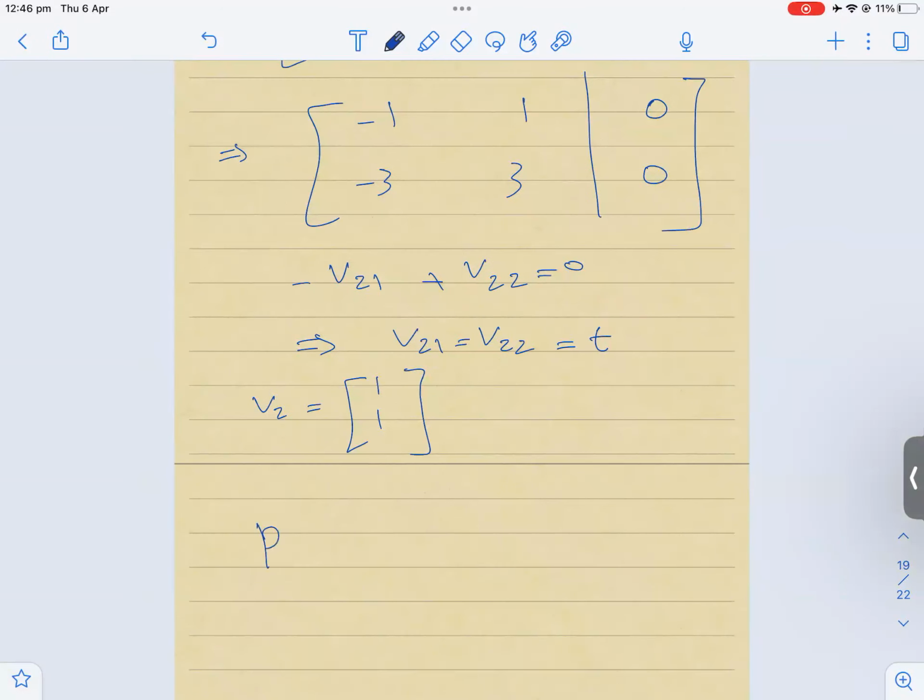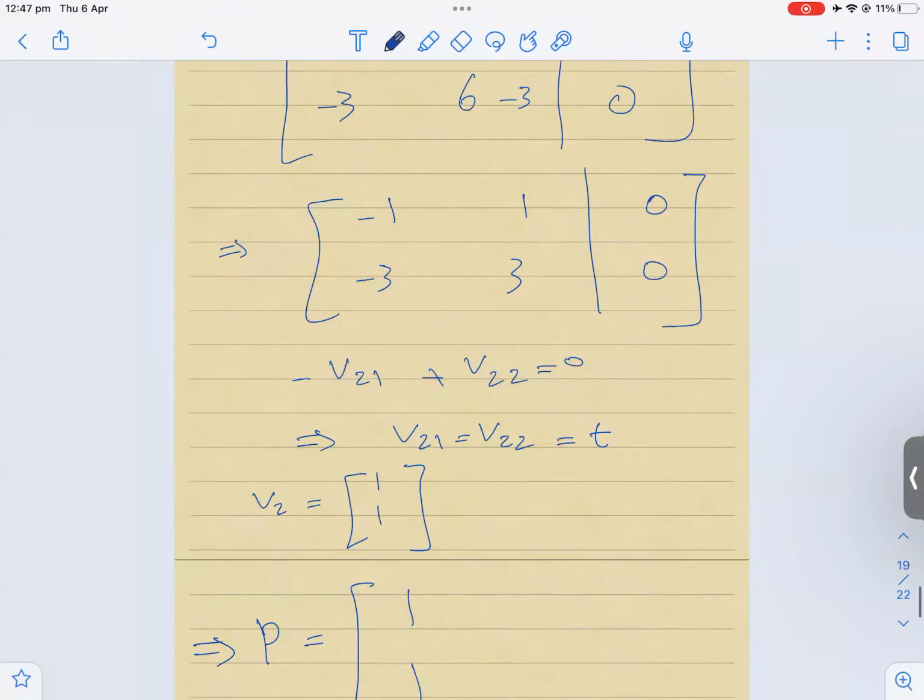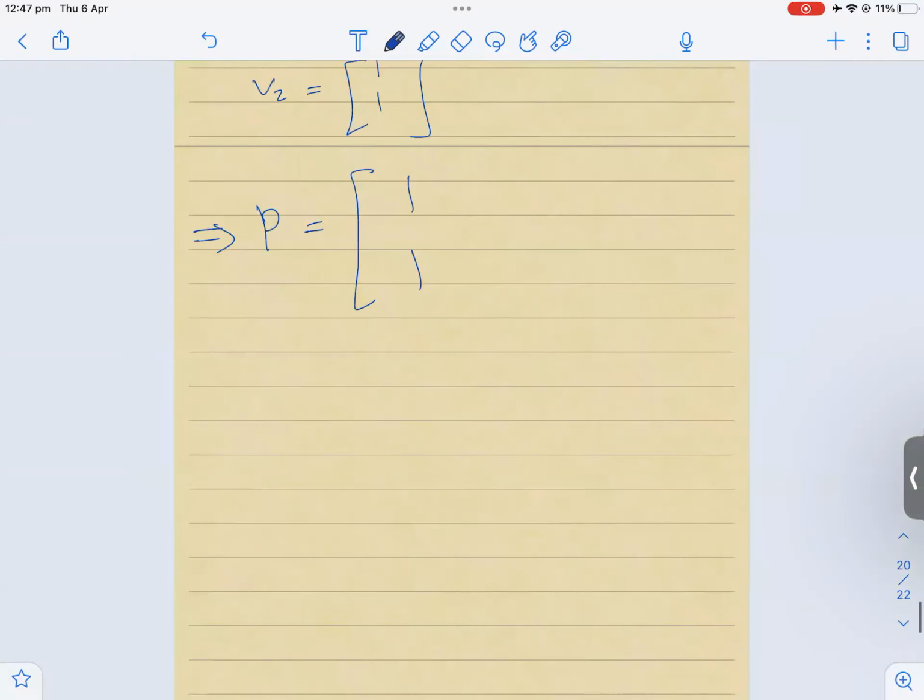Now, therefore P is 1, 3, 1, 1. D will be correspondingly in the same order, 3, 0, 0, 5. Okay. All right.